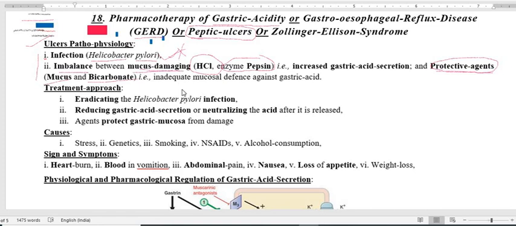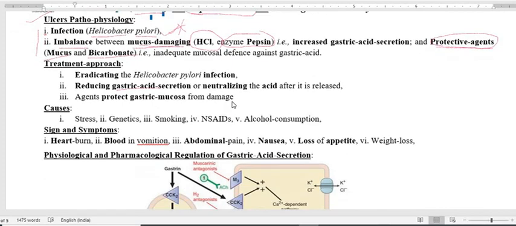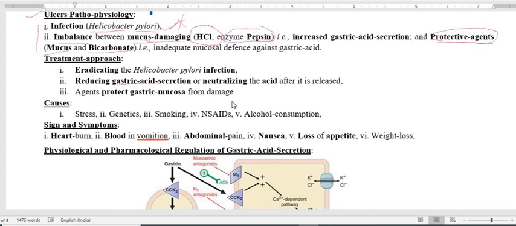If there is more acid production, we use a drug which inhibits acid secretion. If there is less protective agent, we use a drug which enhances the cytoprotectants like mucus and bicarbonate. So by all these means we are going to treat peptic ulcer or acidity.